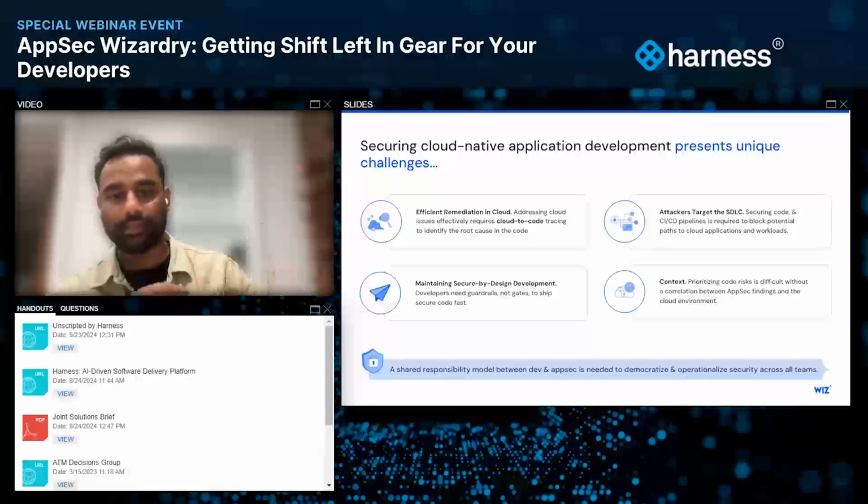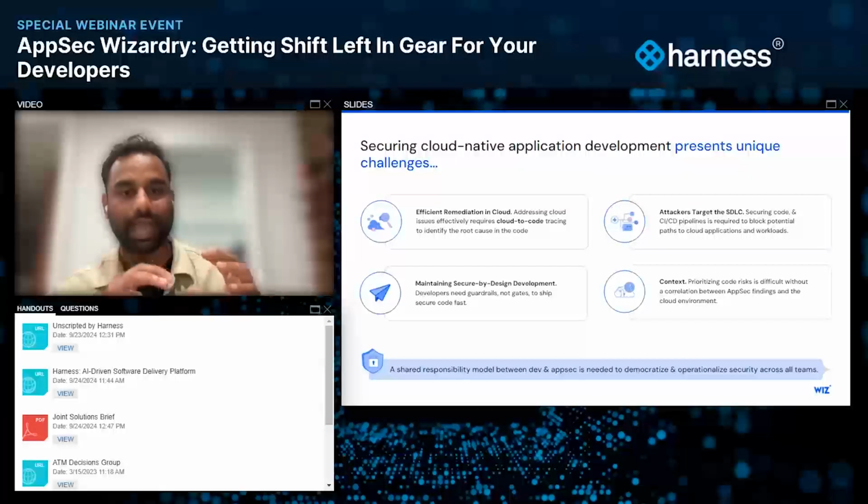And then finally, it's maintaining secure by design processes within development and having context while you're doing that. To maintain security over time and to maintain it proactively, especially as applications are updated or new ones are deployed, we need to establish guardrails that effectively prioritize cloud issues.